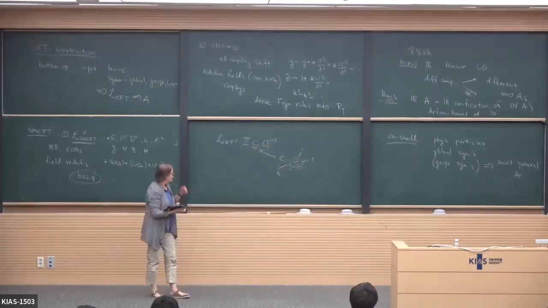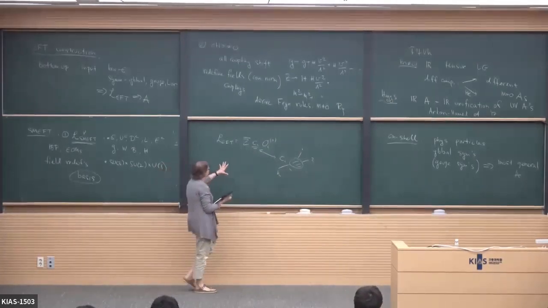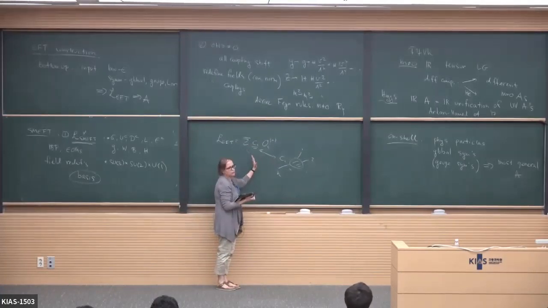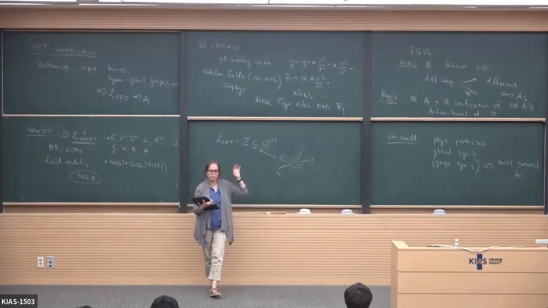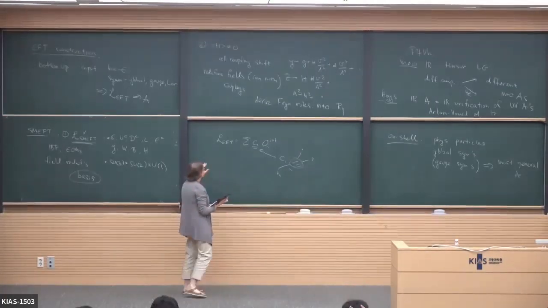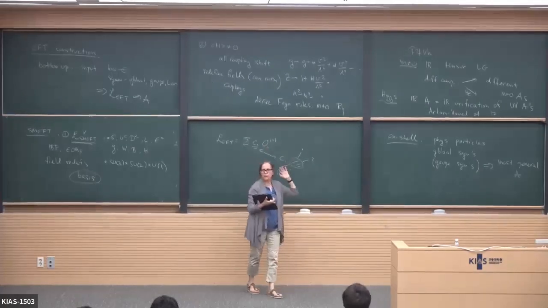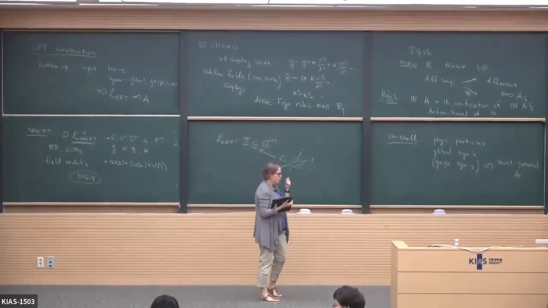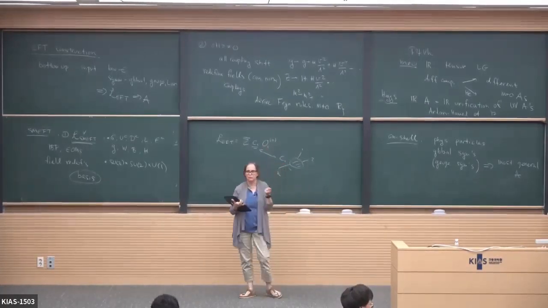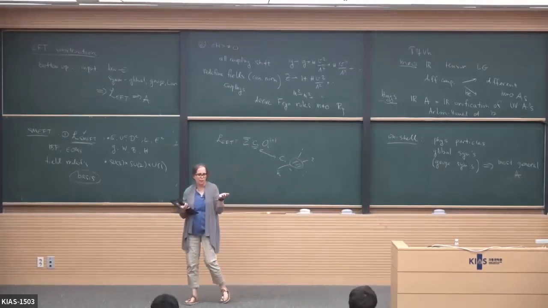Okay, and the other thing that I want to emphasize is that you can use the on-shell stuff in order to learn all sorts of things about these operators and Wilson coefficients and count them and classify them and things like that. But at the end of the day, the thing that you really want is the amplitude anyway.